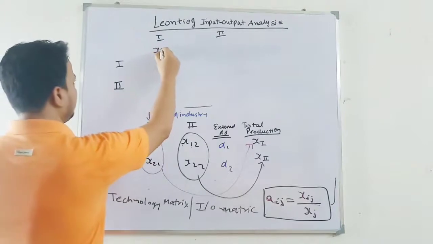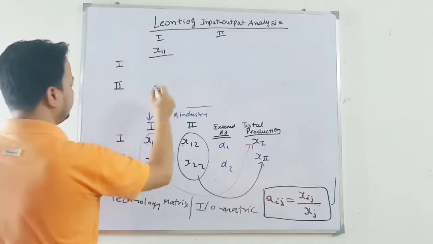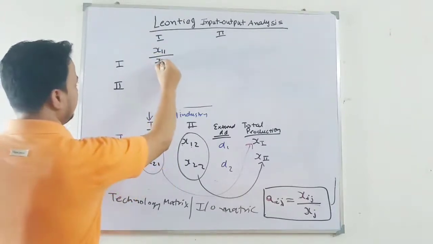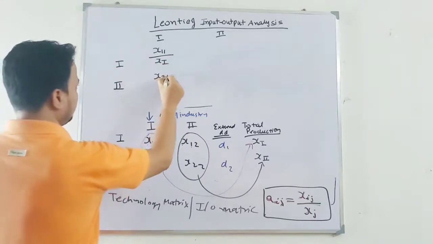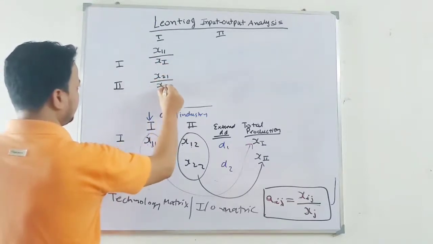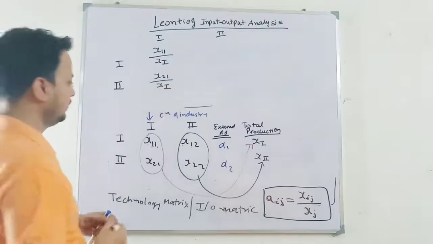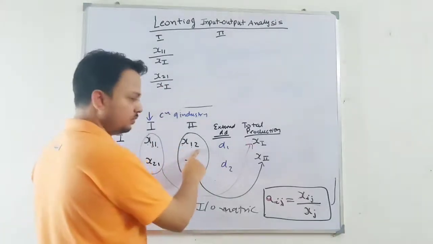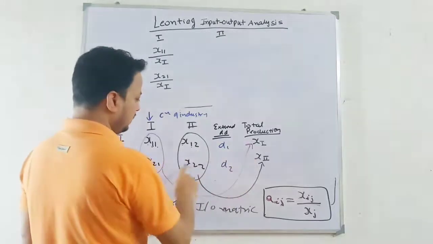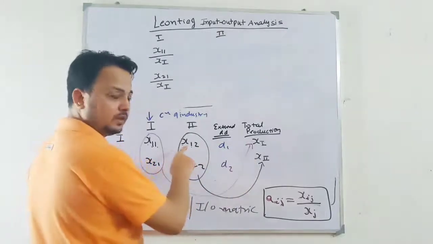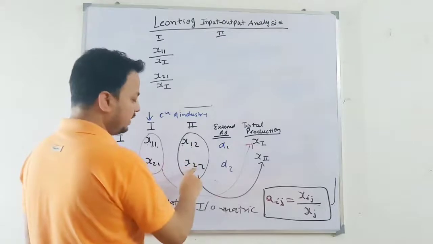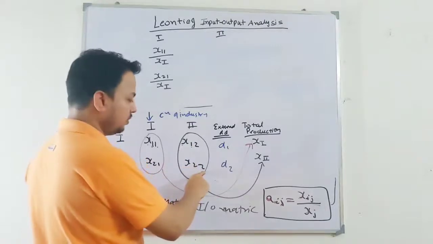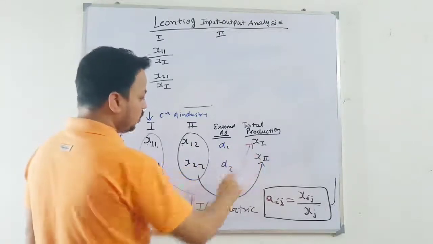So this is X11 divided by X1. This is X21 divided by X1. Similarly, output of first industry consumed by industry 2, and output of second industry used by second industry, in order to produce this much output.